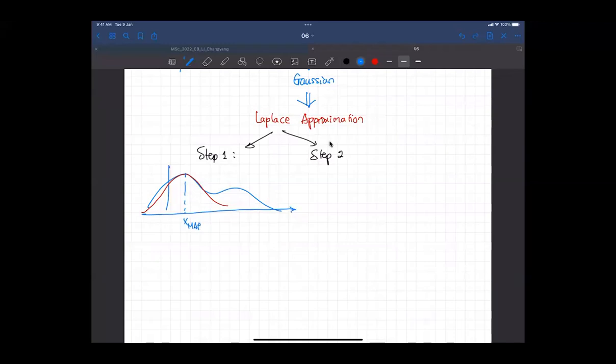Oh, by the way, let's put the x in the proper way. So the x here again is W, and this one is P of W given P. Okay, so that's the posterior. And this one is called WMAP. WMAP is actually the mode of the blue function, the blue curve.